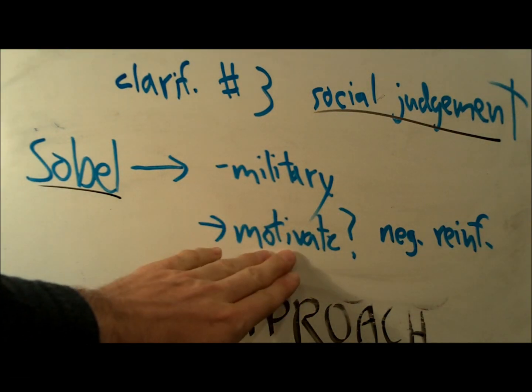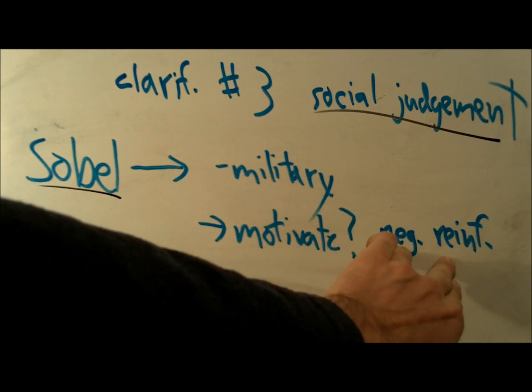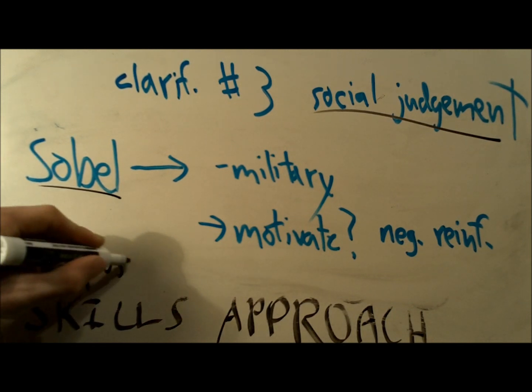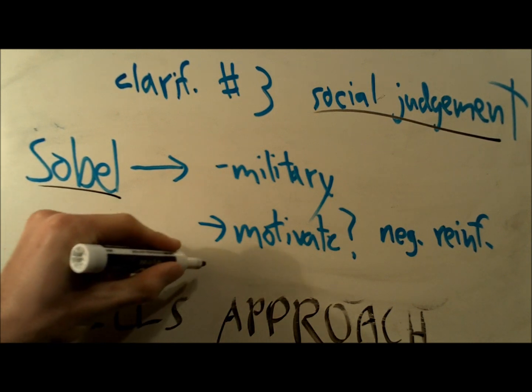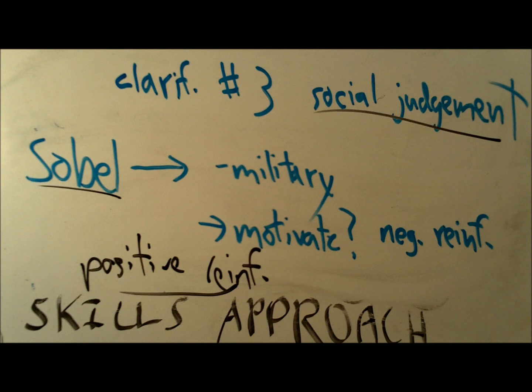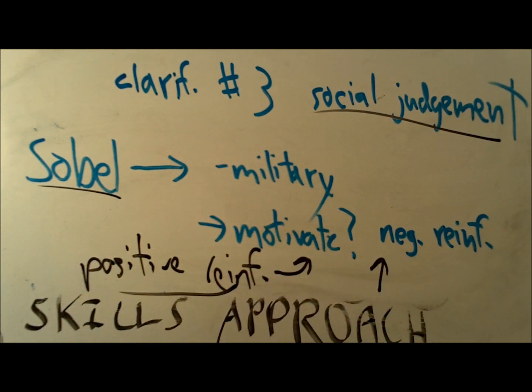But he still wants to motivate them. But now, he is doing this all through negative reinforcement, which in the military works. But you know, if he would also engage in some more positive reinforcement, he could possibly motivate his men even more and get them to do better.